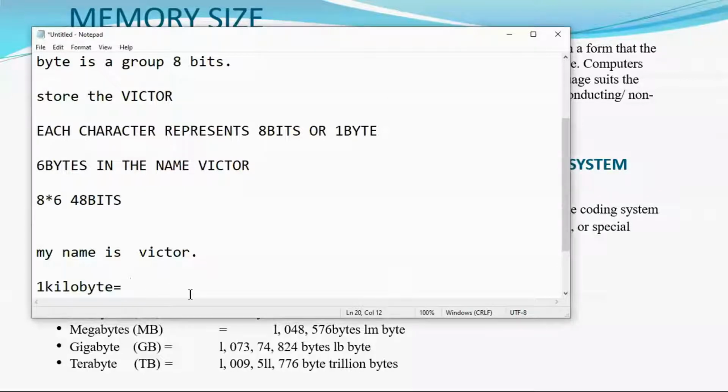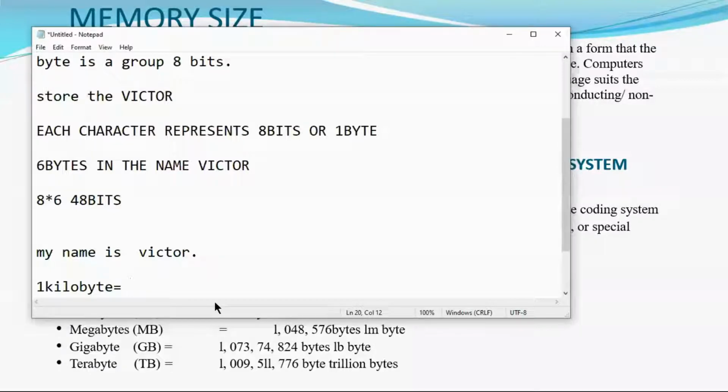So looking at the relationships, just like we said, we have 100 centimeters in 1 meter. It's a relationship we all know. How many grams do we have in 1 kilogram? About 1,000 grams. So just like those relationships, we also have these relationships in computers.